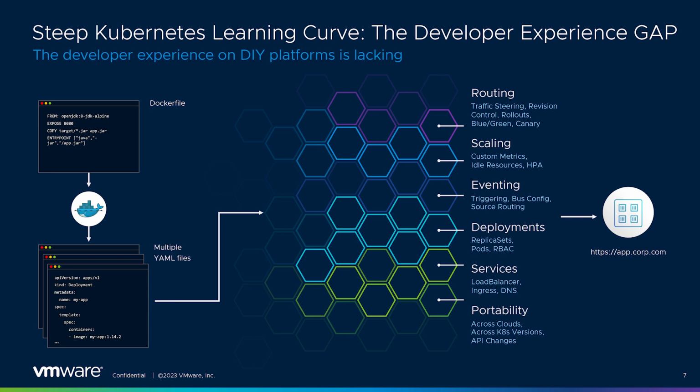You will find that you have lots of YAML manifests that represent different configuration you need for the application. For instance, how are you going to do the routing, how are you going to do the services, how are you going to make sure that you're able to access the API of your application, and all of this. So the toil to manage all these YAML manifests is causing what we call a developer experience gap.